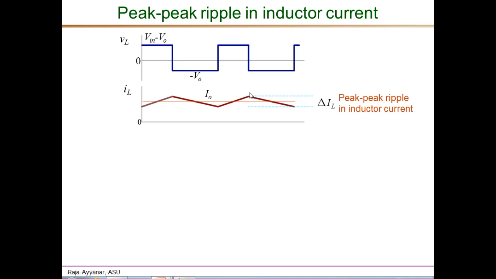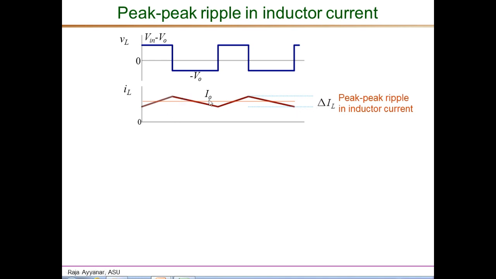Now, having seen the various waveforms, we are now in a position to apply these to quantify the high frequency content in the inductor current, and in the next slide in the capacitor voltage waveforms as well. So we will make use of the inductor voltage and the inductor current waveform to come up with this expression for the peak-to-peak value of what we call a high frequency ripple.